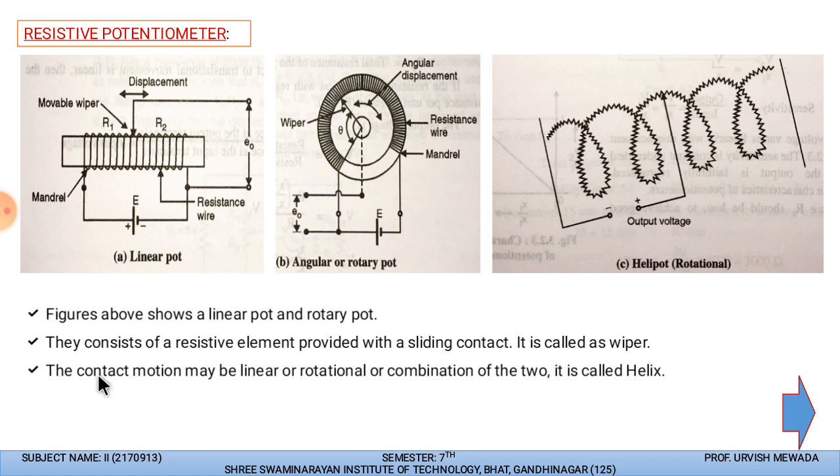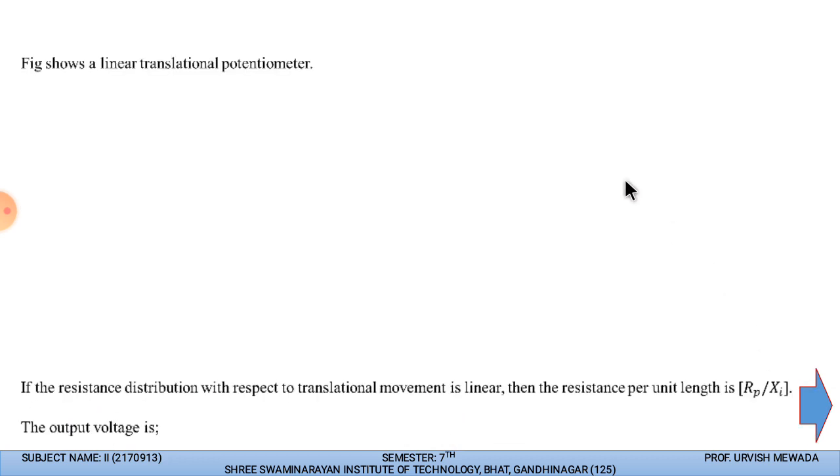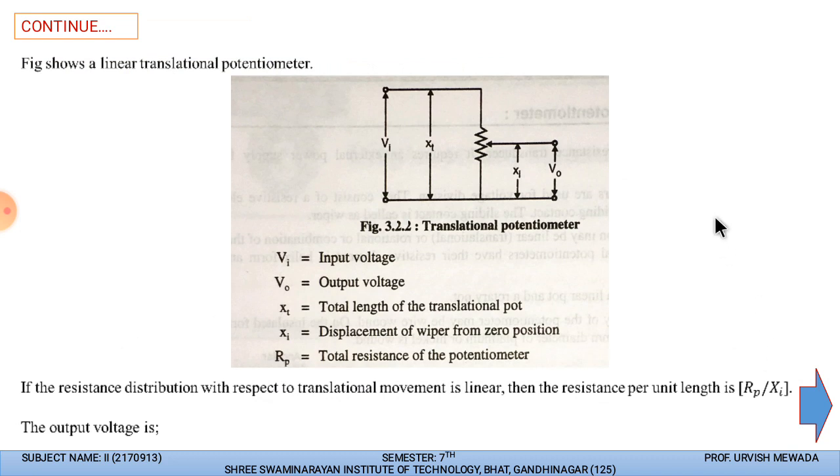The contact motion may be linear, rotational, or a combination of two, called helix, as I already explained. And the resistive body of the potentiometer may be wire wound, meaning the wire is wound on the surface of the former.